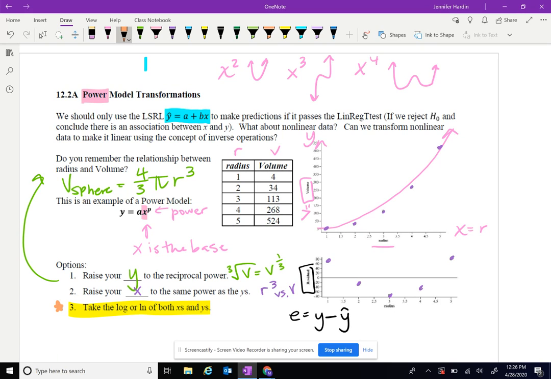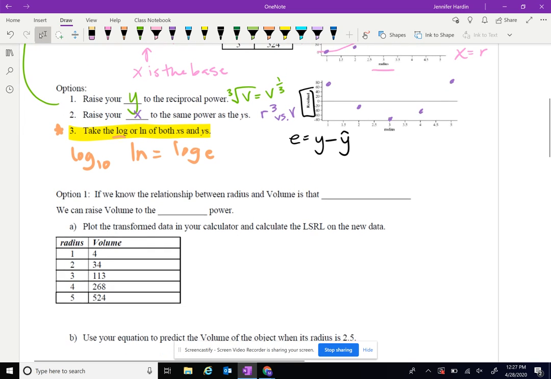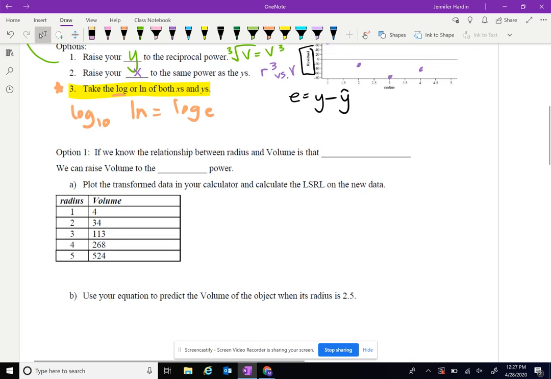If I take the natural log of each one, or the log of each one, remember that common logs are always base 10. Natural logs are logs with a base e. When you take the log of each side, you're looking at their exponents, and then automatically everything would be compared to the same thing. So that third option works best when you don't know the power relationship.